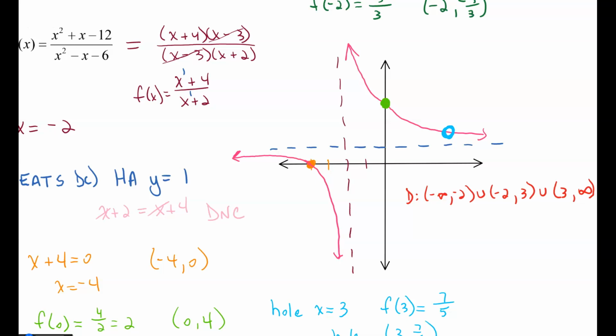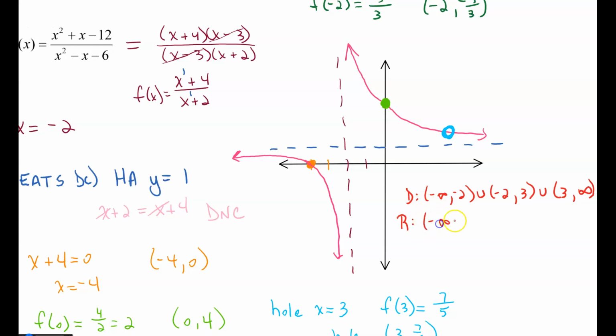Okay, so the range on this, we have a little more to consider this time. So we know that we have this asymptote that we don't cross. So we know that 1 is not in the range.